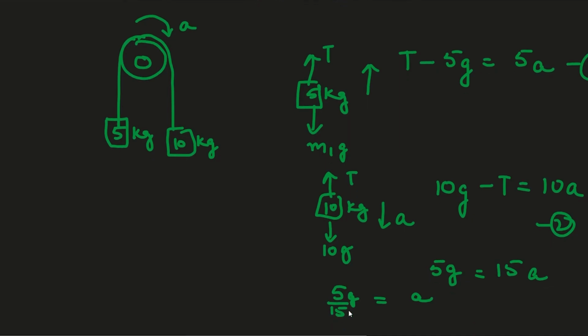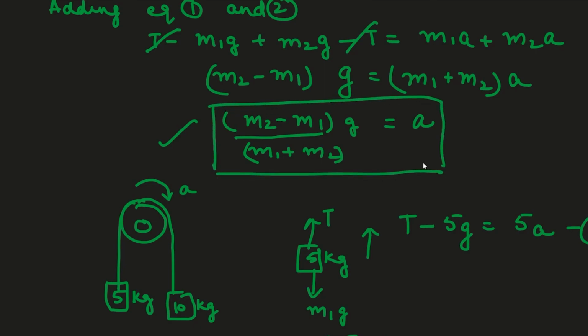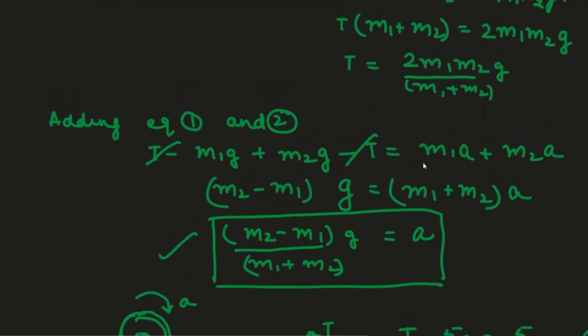You can put the value of g as 10 or 9.8 and you can get the value of acceleration. In the same way you can find out the tension. The other way is that you apply the formula for acceleration and tension, which will save your time. So if you can remember the formula, you can substitute the values here.